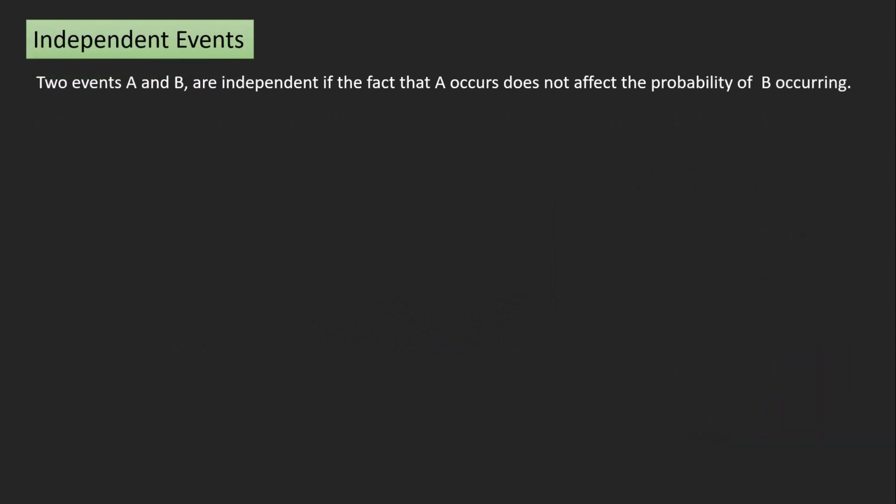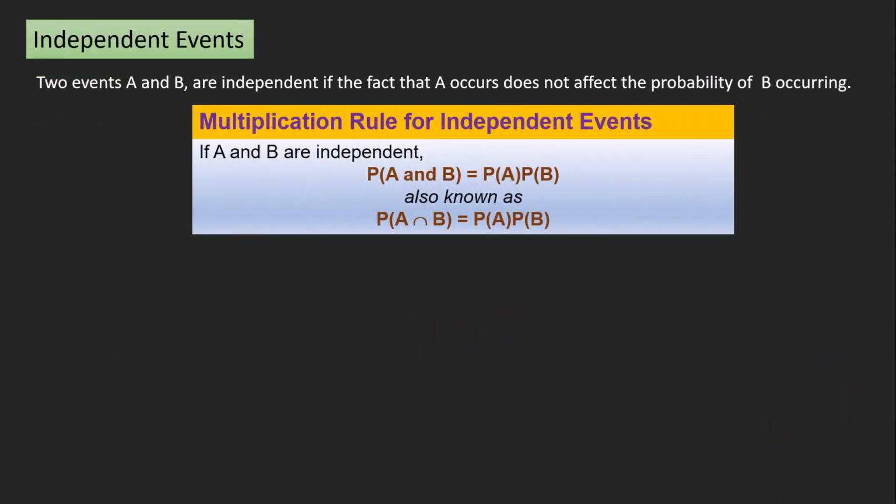Now let me explain the multiplication rule for independent events. If A and B are independent, the probability of A and B can be written as the probability of A times the probability of B. Probability of A and B equals probability of A times probability of B if and only if A and B are independent.